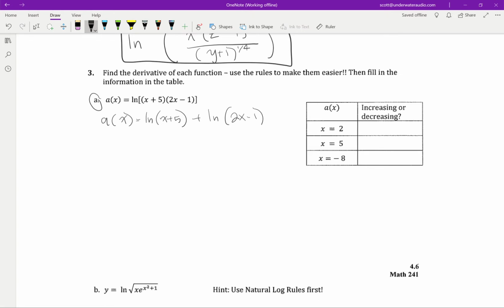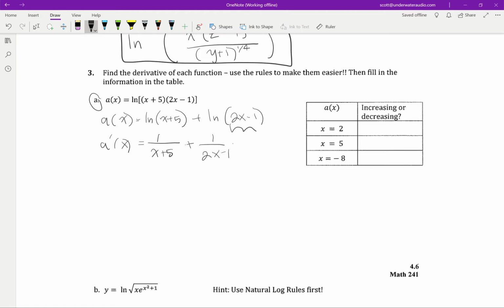Now if I take the derivative of this, it's not so bad. So the derivative of natural log is 1 over x plus 5 times the derivative of the inside portion. Derivative of x is just 1, so I'll leave that alone. And then the derivative of the second part right here would be 1 over 2x minus 1 times the derivative of the inside.